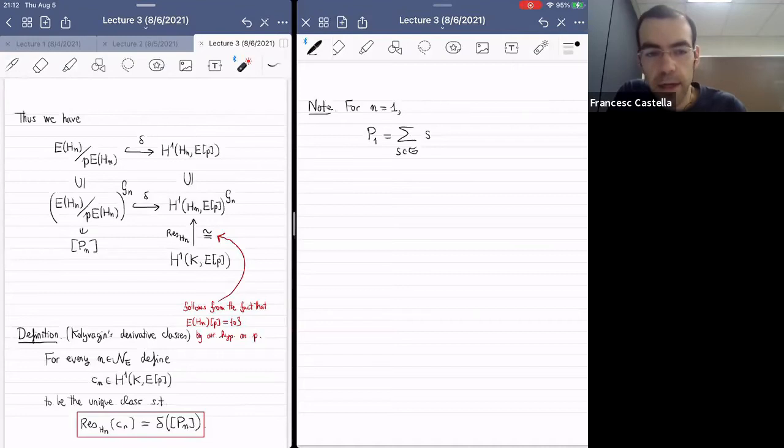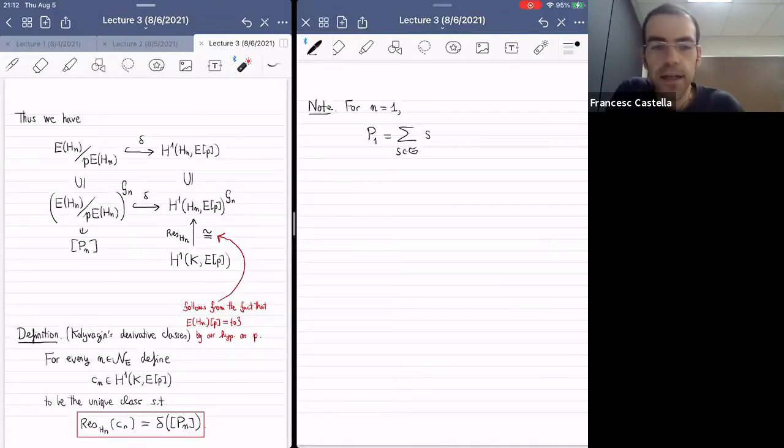And since the Kummer map respects the Galois action, the Kummer image of these modified Heegner classes, modified by these Kolyvagin derivatives, will give us classes on this space, which is now isomorphic to this one, and therefore it will allow us to produce the classes that we need. So that's the use of Kolyvagin's derivative. Even though we have Heegner points defined over higher and higher extensions, after applying these Kolyvagin derivatives and looking mod p, we get classes that descend to K.